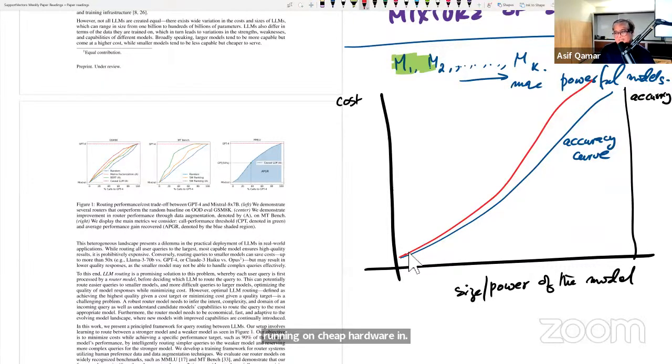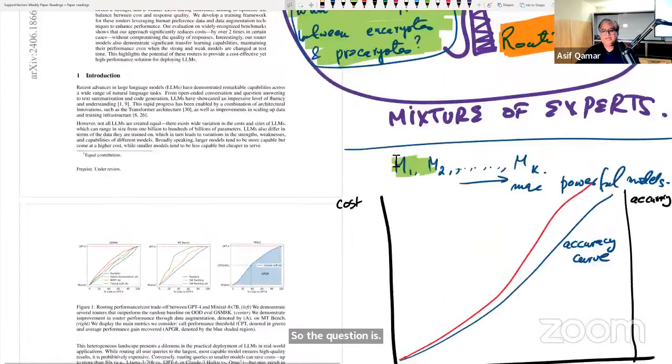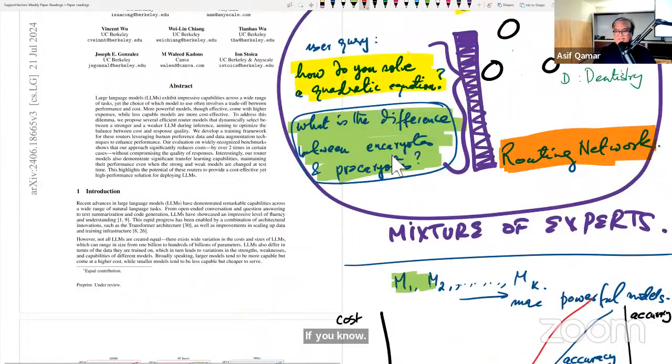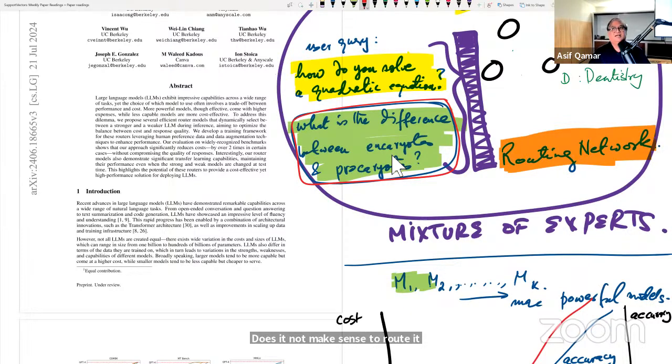So the question is, if you know that a query can be answered by a smaller model, does it not make sense to route it somehow to a smaller model? And that is the crux of the question. A user input comes. From the user input, can we somehow infer what is going to be the power needed to answer this query?